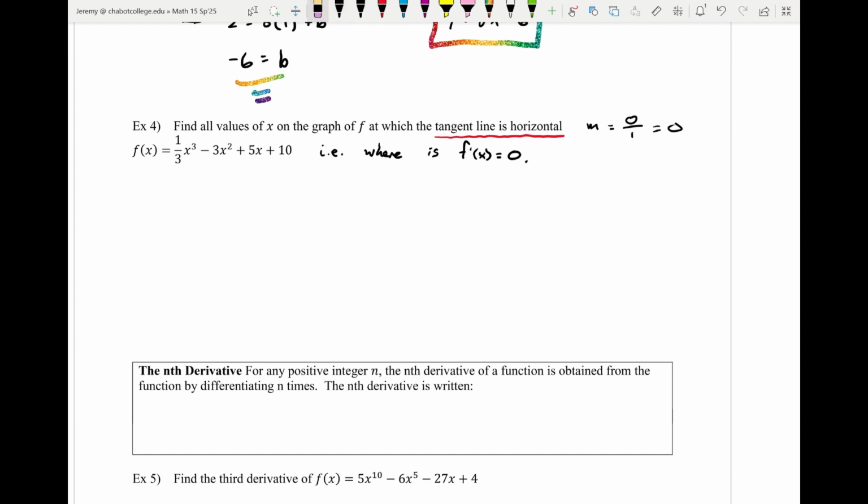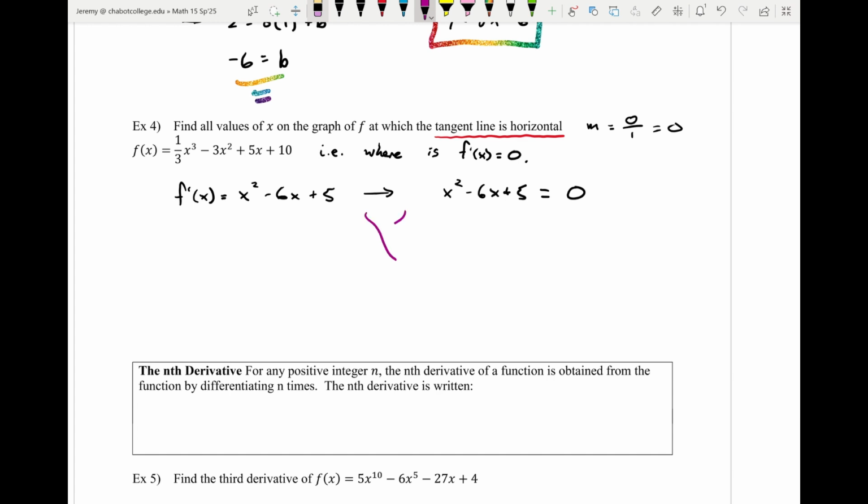I'll bring down the 3, which will make a big 1 with that 1/3. So the derivative will just be x squared minus 6x plus 5. Constant term goes to 0. So now let's set that equal to 0. x squared minus 6x plus 5 equals 0. This is a quadratic equation.